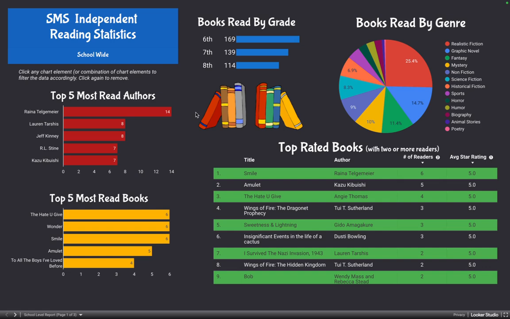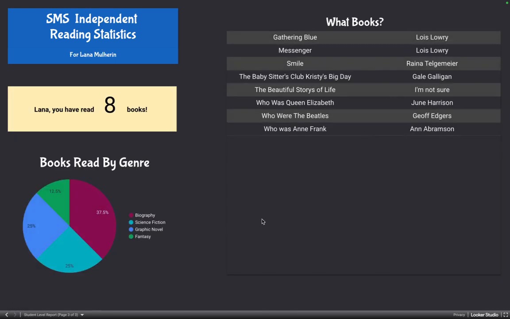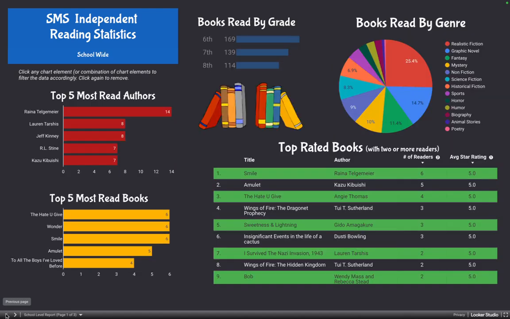And all of this updates completely automatically by the student entering a book that they've completed and the genre of that book. Everything else automatically rolls. So this school district uses Google.